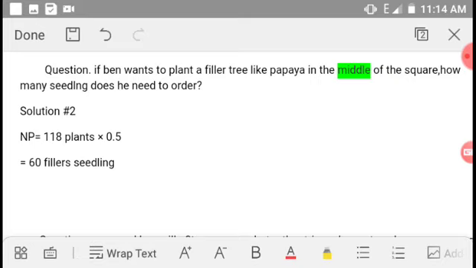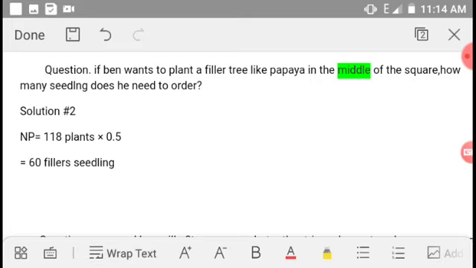Assuming natin na yung square in all sides is equal to 100%. So, ihati natin siya kasi equal in distance siya, equidistant in all directions. So, lalagyan ng filler sa gitna, which is 50% siya, kasi sa gitna siya. 50% of that square.